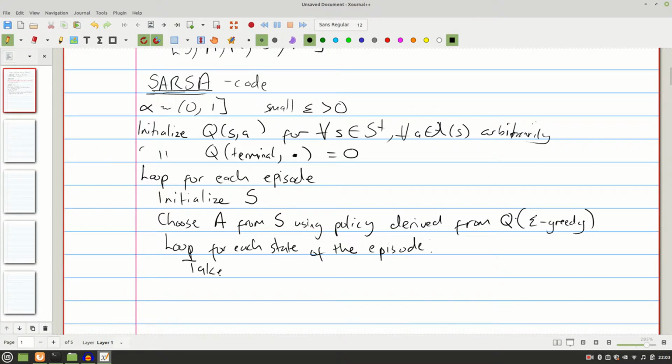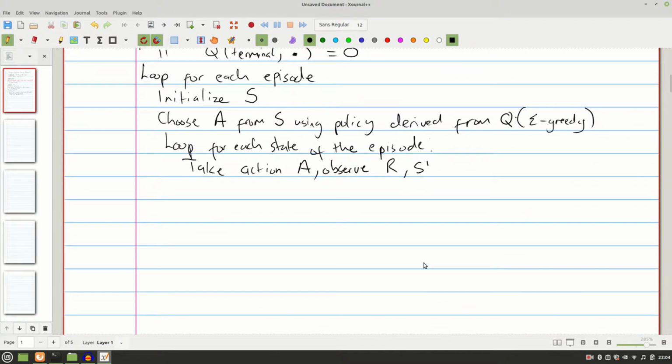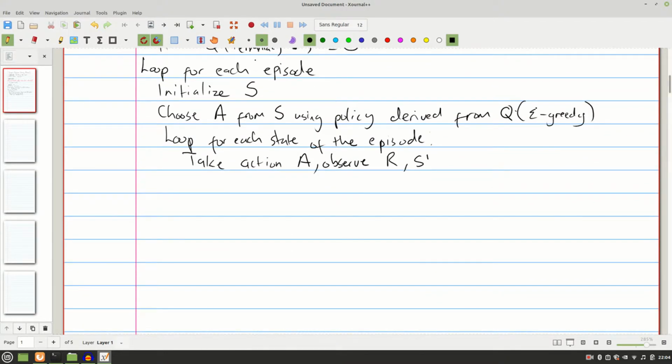First, we're going to take action A, and we're going to observe our reward R and S prime. Again, this is all standard procedure. We take action, we observe our reward, and we observe what our next state S prime is going to be.